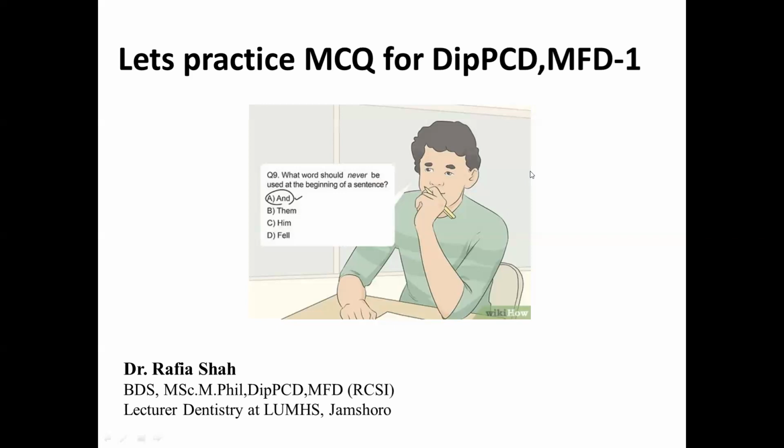BCQs are best choice answers, meaning you have to take only one answer which you feel is appropriate, and in MCQs you can choose 2, 3, like that. It's multiple choice questions. So we have 75 multiple choice questions there, and 15 single best answer questions there.